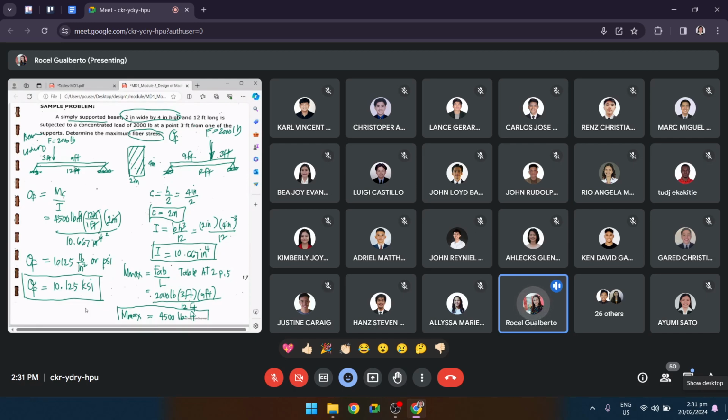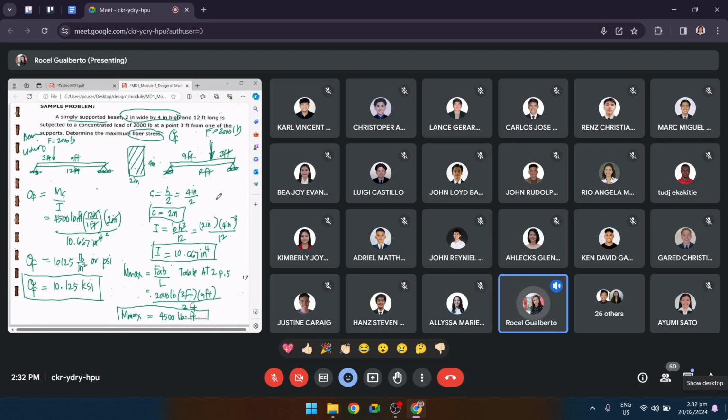So tomorrow we'll continue this one. We will be adding on the sample problem the design part. What we have now is simply we solve for the induced stress. Tomorrow we will be incorporating the design. Any question?